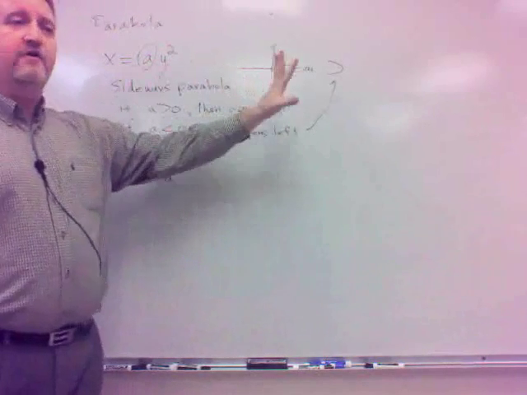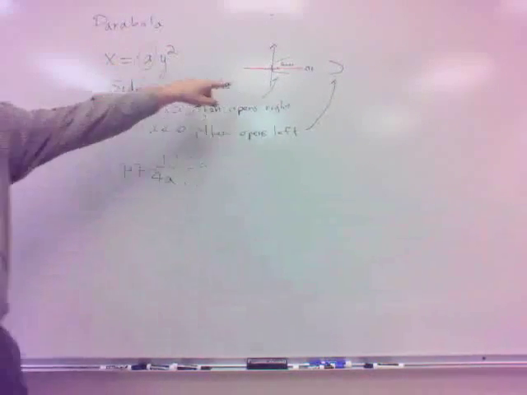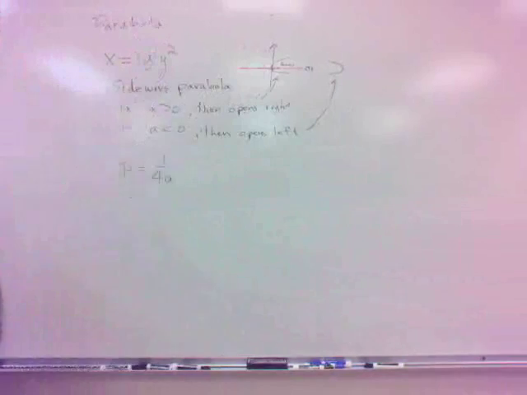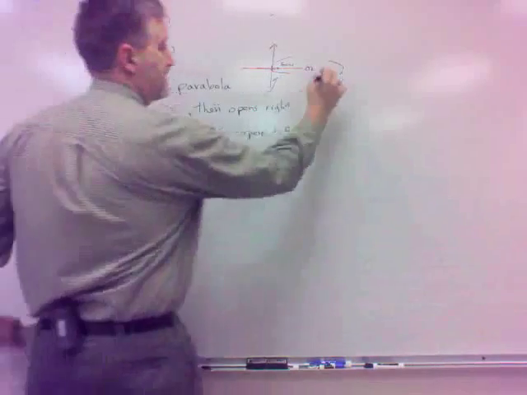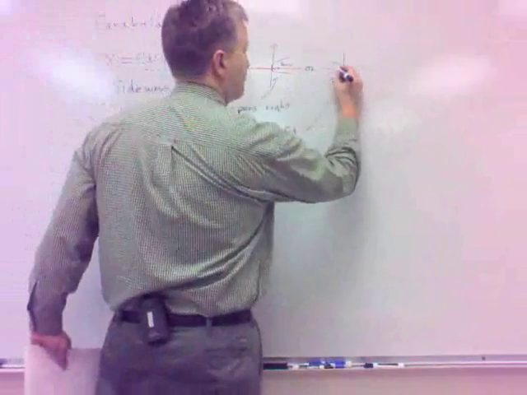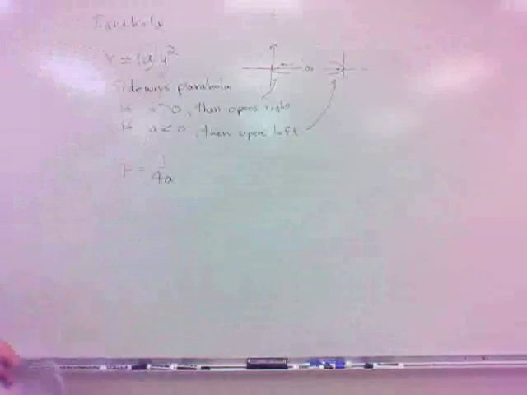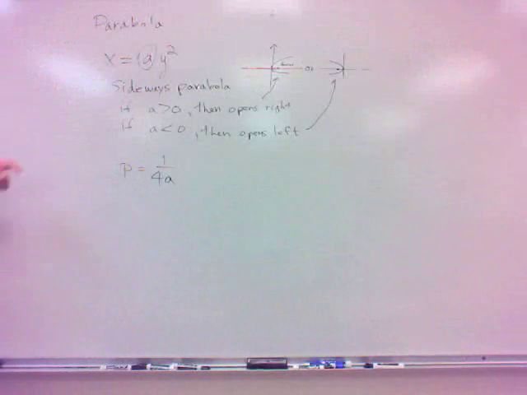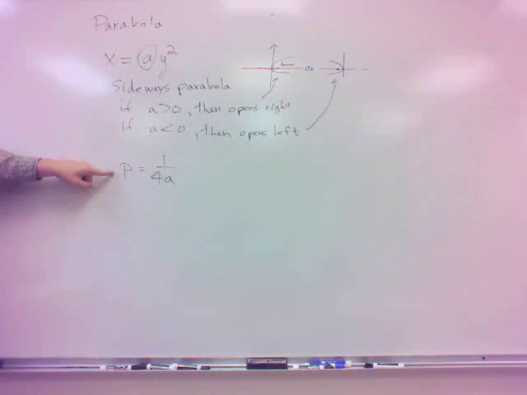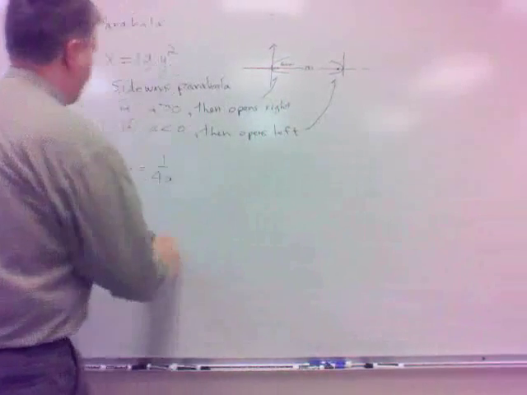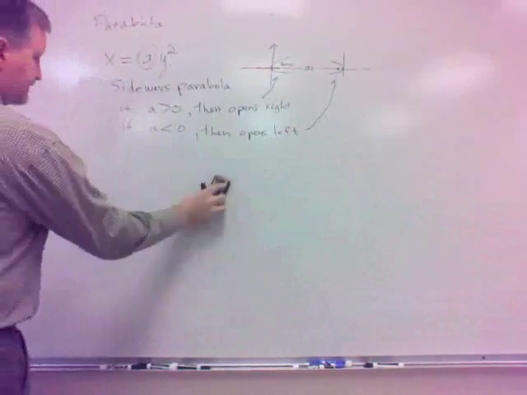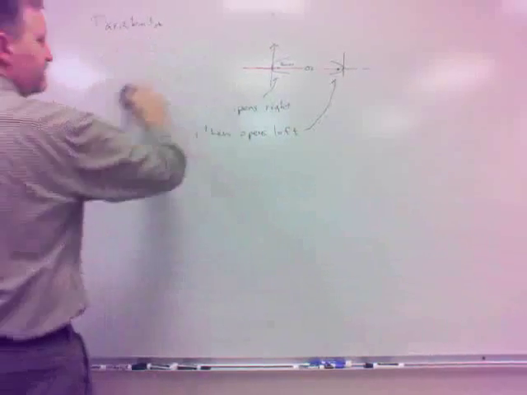The focus on your parabola is always inside, if you will, the parabola. So your focus is there, and then the focus on this one will be somewhere along in there. But the P distance to the focus is still 1 over 4a. Okay?